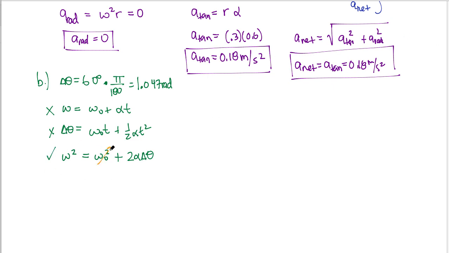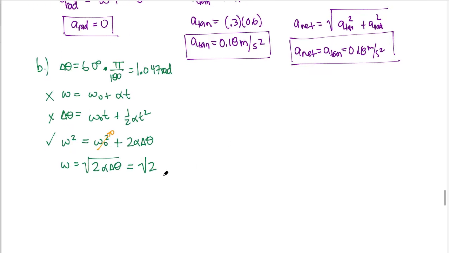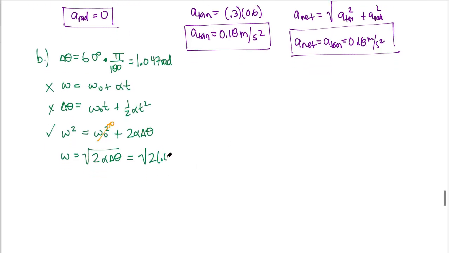Now, omega naught is 0, which means omega will just be equal to the square root of 2 alpha delta theta. So this will be the square root of 2 times our angular acceleration, which is given to be 0.6, times our angle in radians, 1.047, square rooted. So omega, for this case, ends up being 1.12 radians per second.